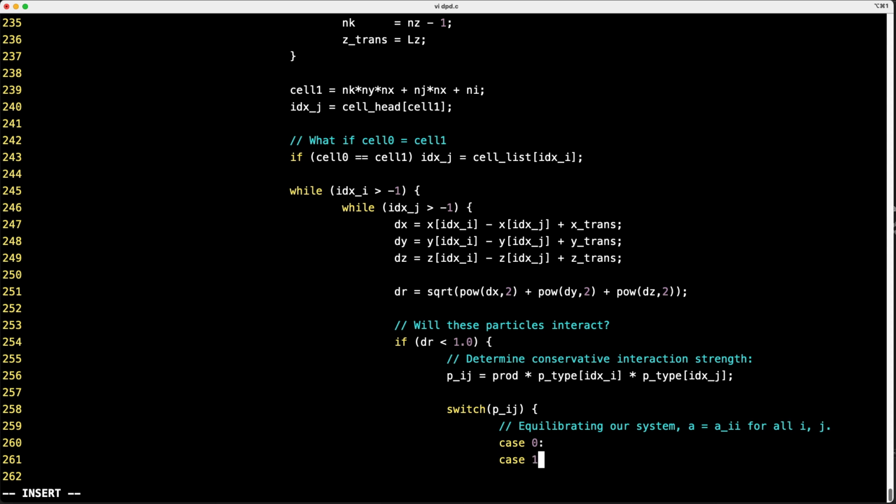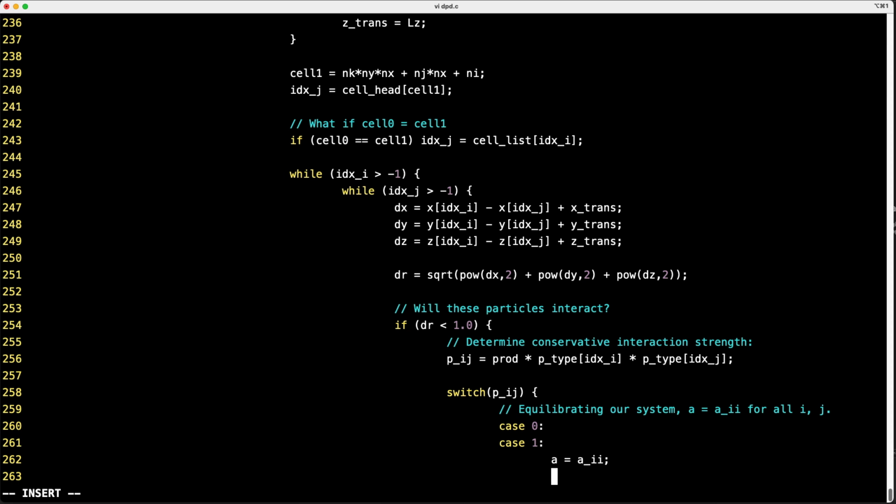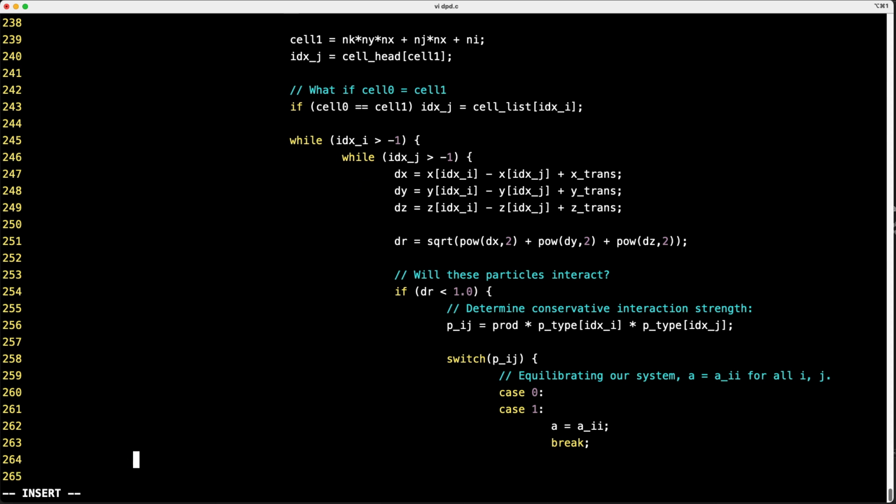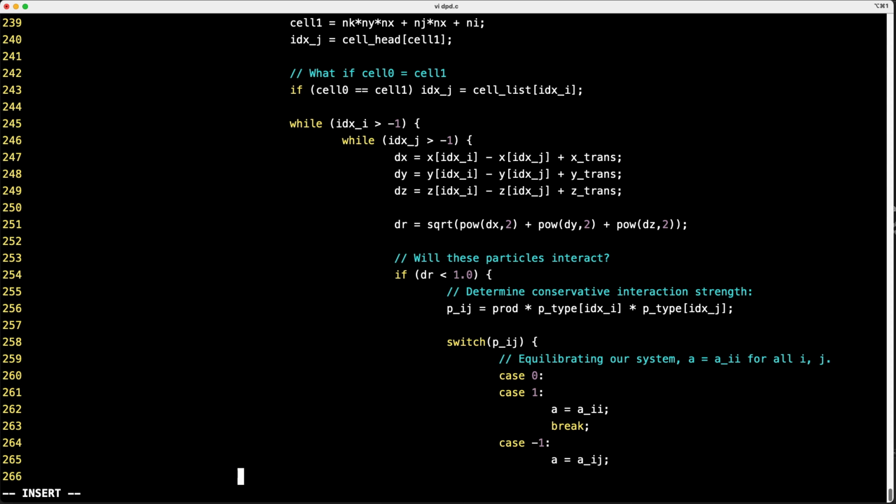So if we've got a value Pij is equal to 1, then we know that the interaction strength should be that of the same particle type. Okay, so for either of these conditions, I should set the strength of the conservative force to be AII that we defined in param.cfg. However, if we get -1, then we know that the strength of the conservative force should be AIJ.